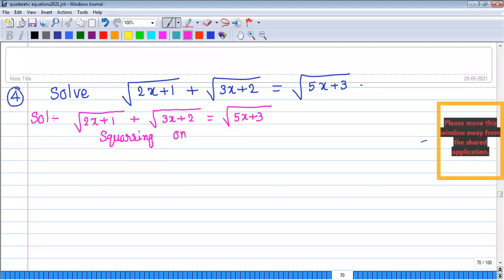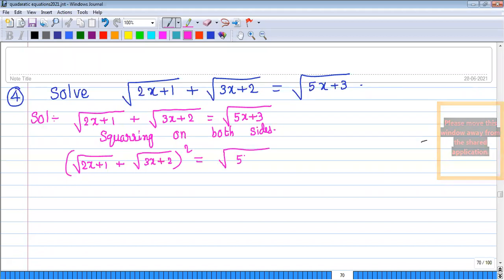So root of 2x plus 1 plus root of 3x plus 2, whole square, equals root of 5x plus 3 whole square.